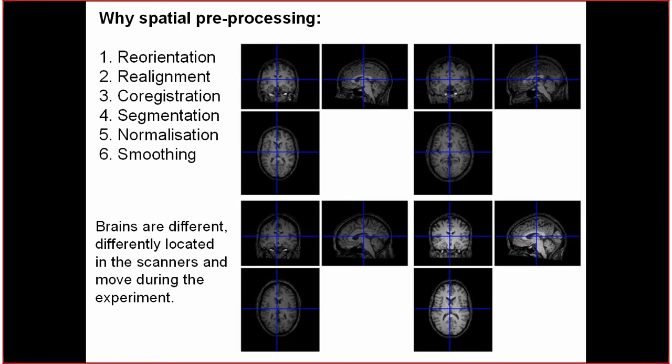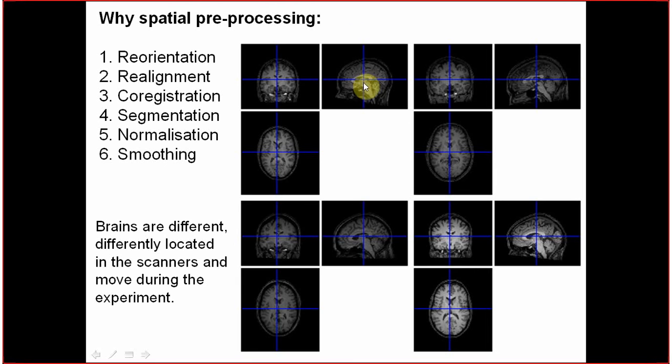Why do we need spatial preprocessing in general? We need it because the brains are very different, both between the subjects and often between the scans.